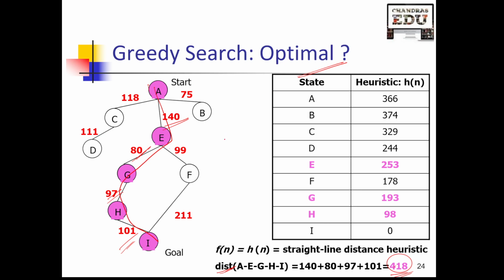Even if we take the straight line distance, E is 253, G is 193, H is 98 and I is 0. If we sum that cost, we are getting 444.